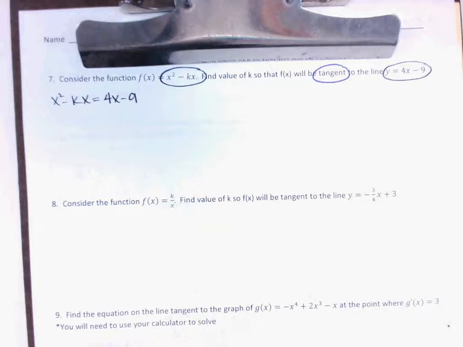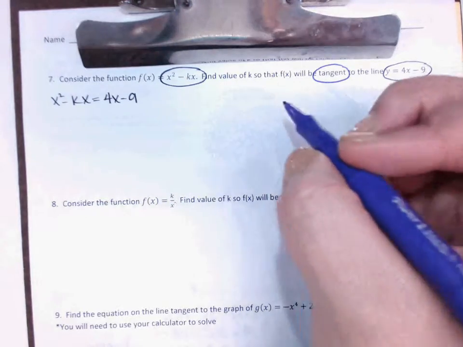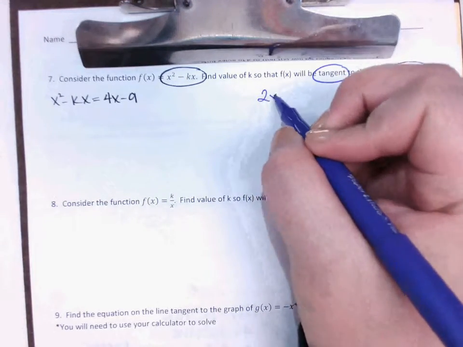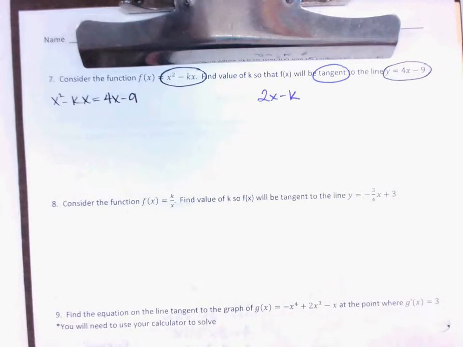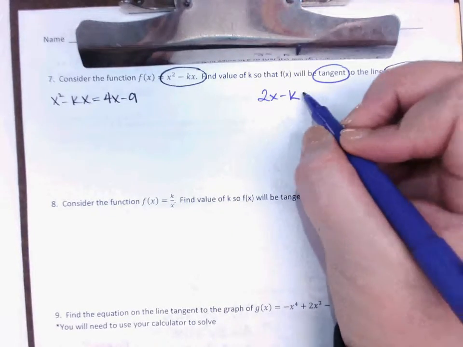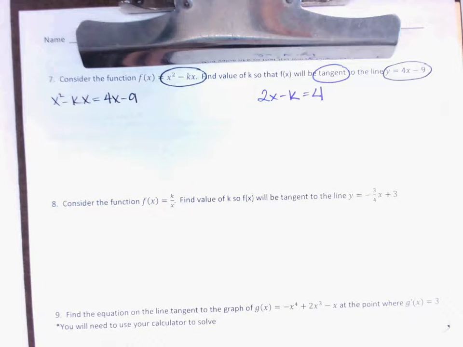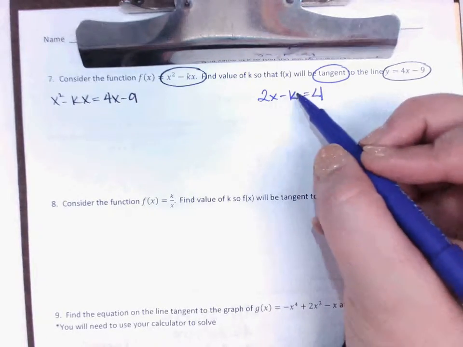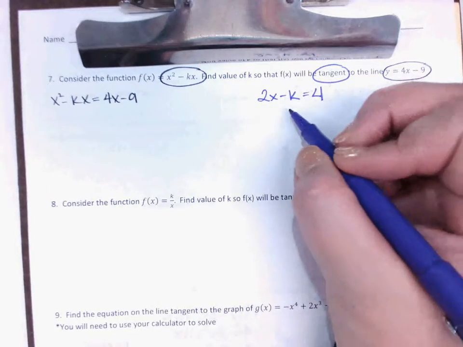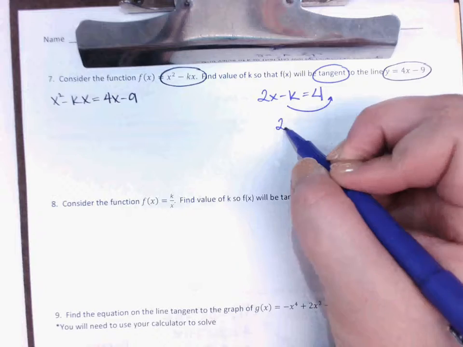What's the derivative of x squared minus kx? 2x minus k. Good. Other side, derivative of 4x minus 9 is 4. What to do next? Okay, yeah, I'm going to solve for the k. So I'm going to add my k across.